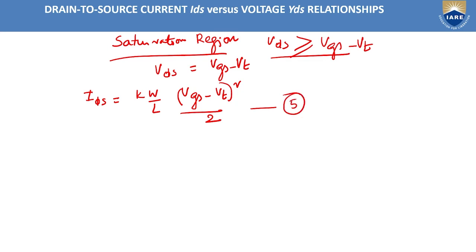Now using beta, where beta is equal to KW by L, IDS is equal to beta into VGS minus VT whole square divided by 2. So this is using beta. Let me call this 5A.